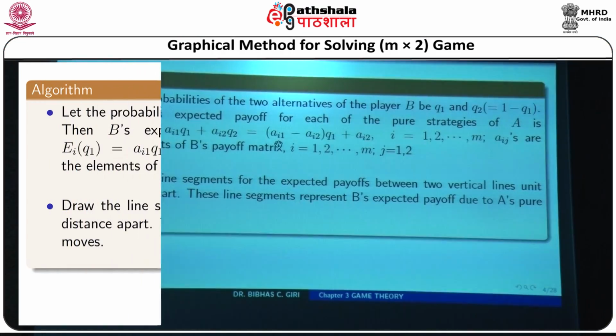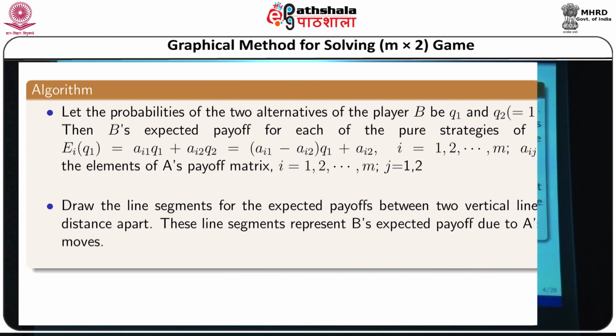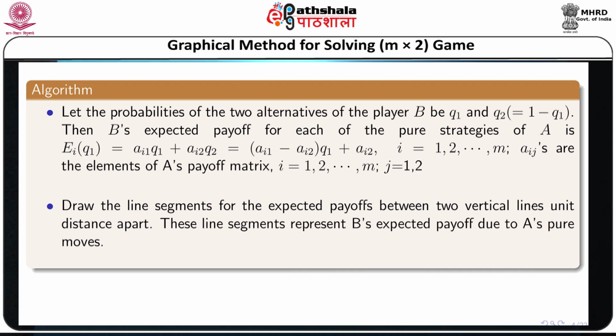Let us now discuss the graphical method for solving an m by 2 game. The algorithm for solving the game using the graphical method is as follows. Let the probabilities of the two alternatives of player B, who has two pure strategies, be Q1 and Q2, where Q2 equals 1 minus Q1.